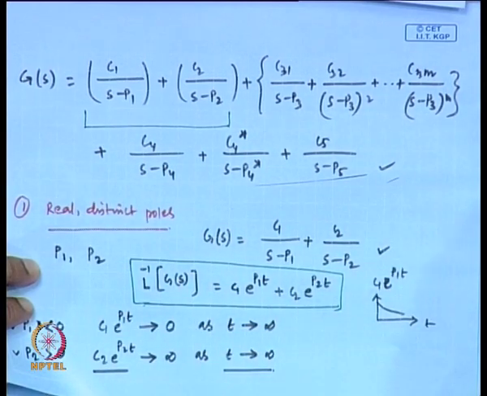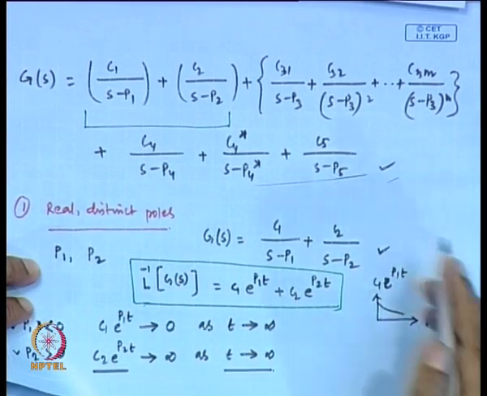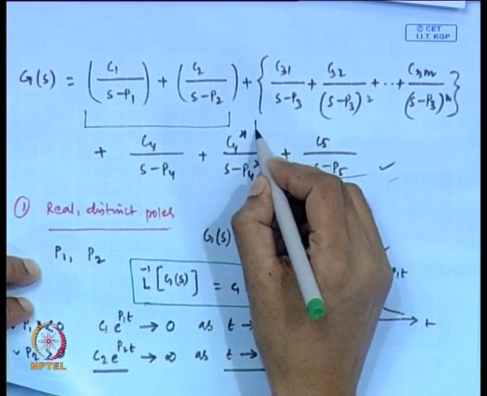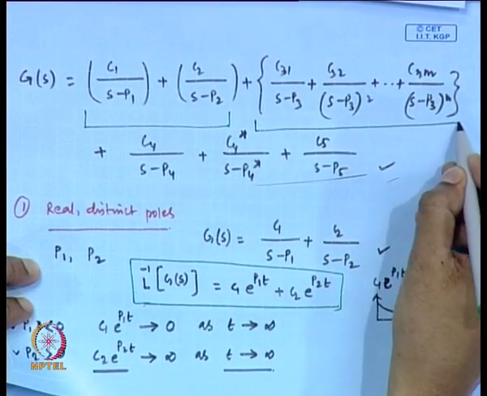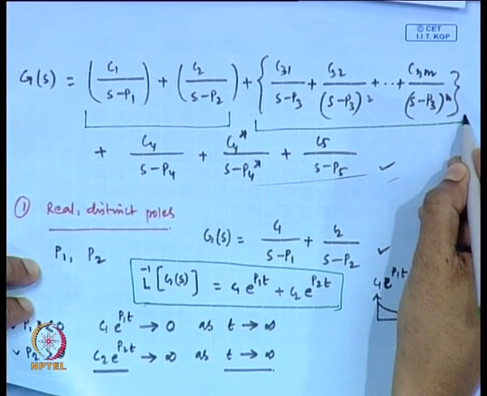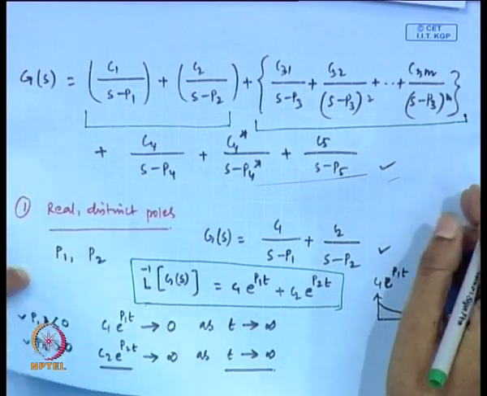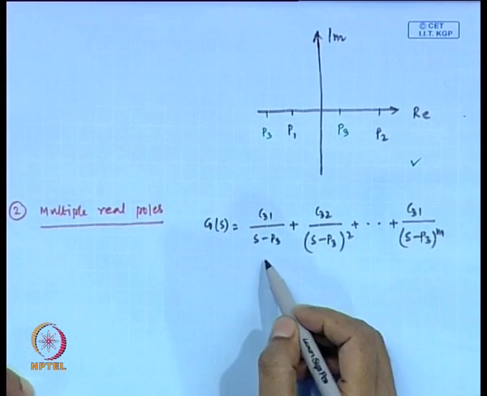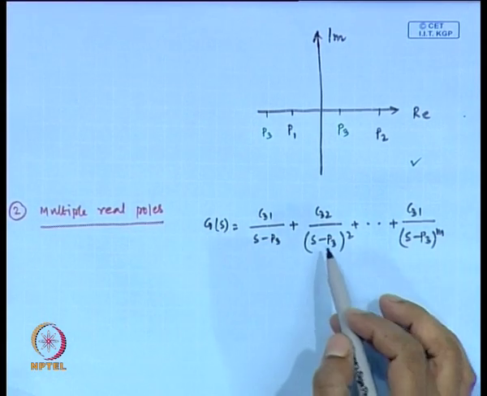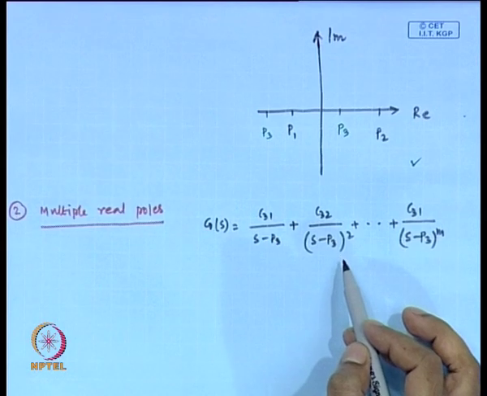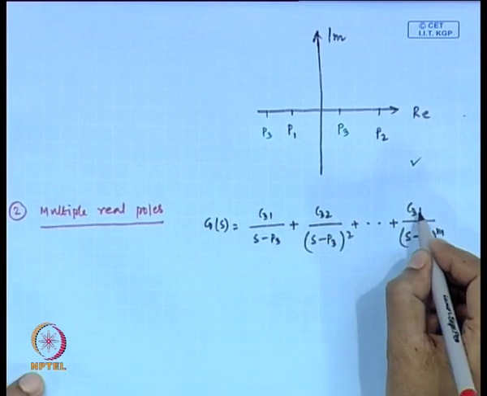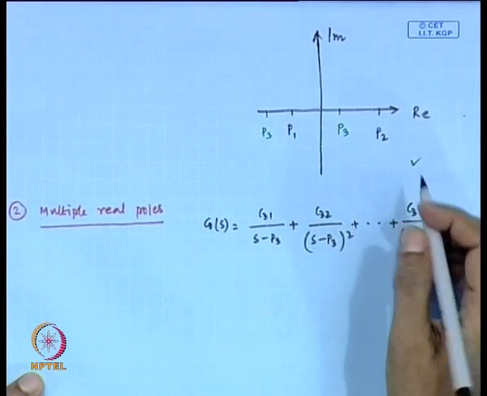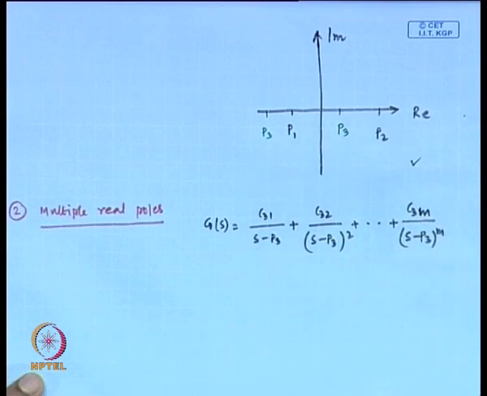Now, to consider the multiple real roots, we are considering this part as the transfer function. So, G(s) equals C31 by (s minus P3), C32 by (s minus P3) whole square, like this way, C3m divided by (s minus P3) whole to the power m.